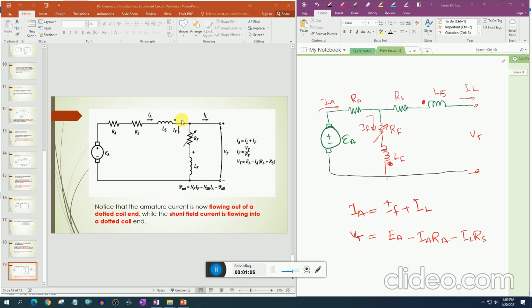So there is also the possibility that in order to make a differentially compounded DC generator, the dot will be at the side at which current is leaving, and the dot will be at the side at which current is entering. So this is the differentially compounded DC generator.